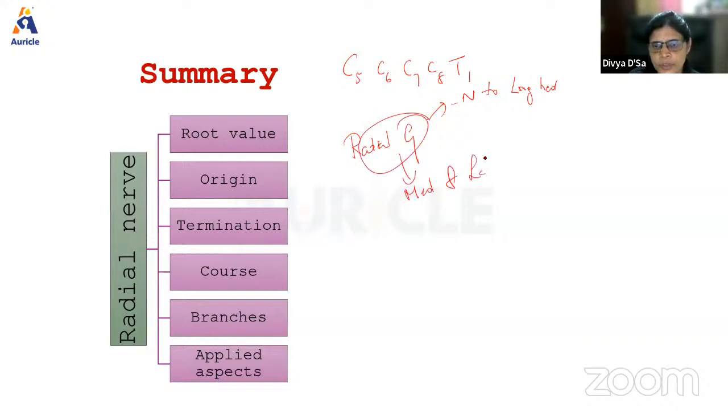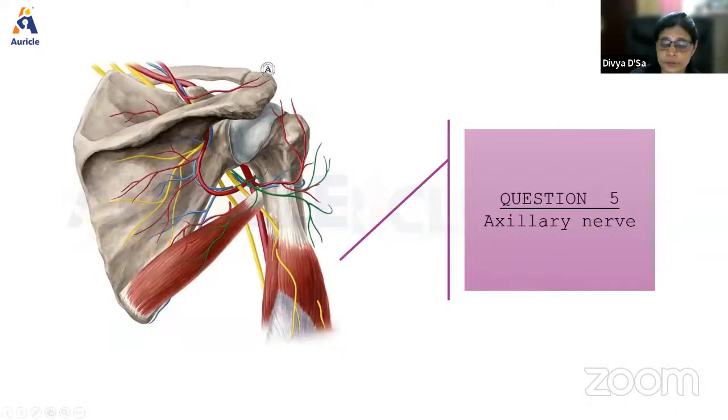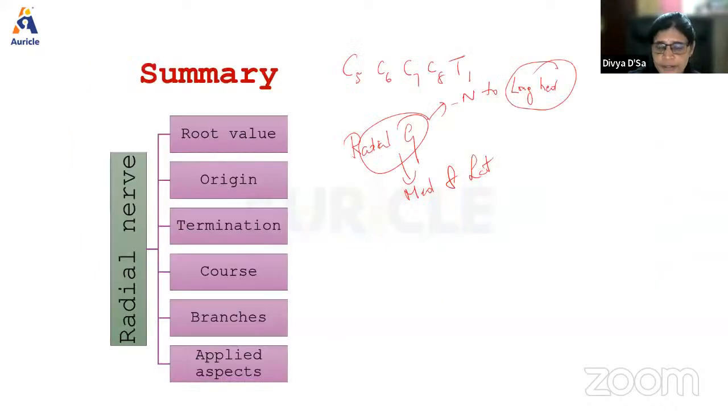This is very important, because if the nerve is injured in the radial groove, the long head of triceps is spared, since its nerve is given before the radial groove. The rest of the branches supplying the arm are given within the radial groove.